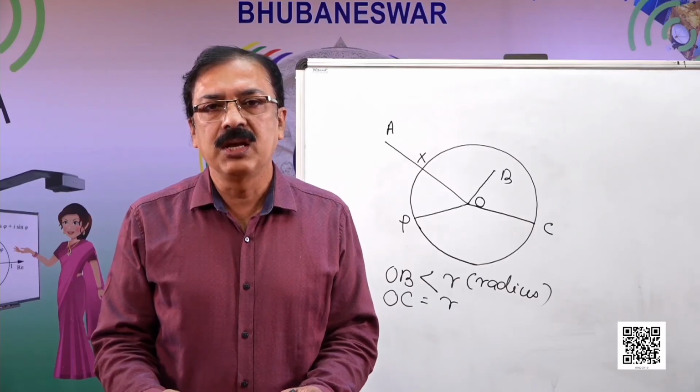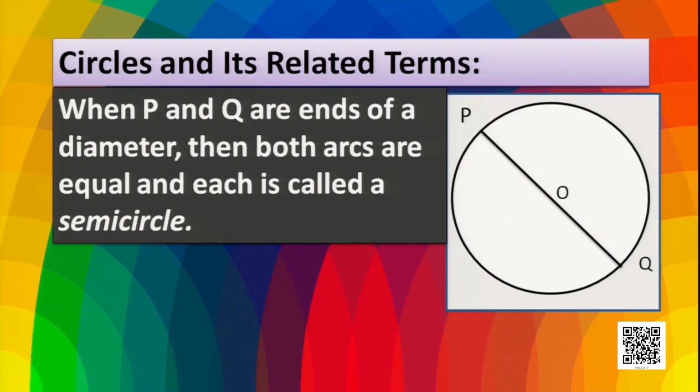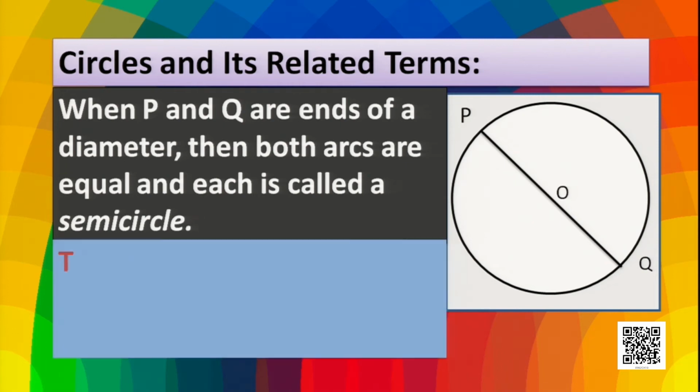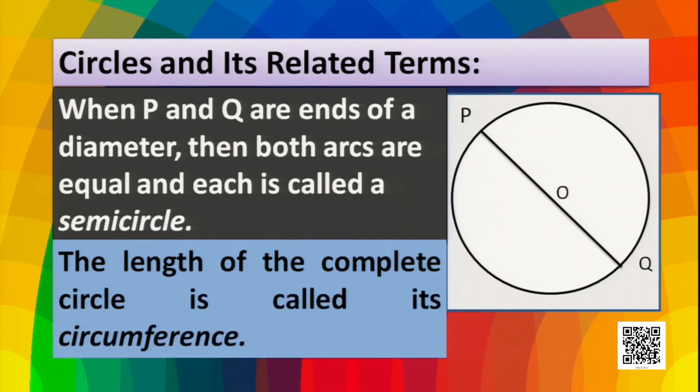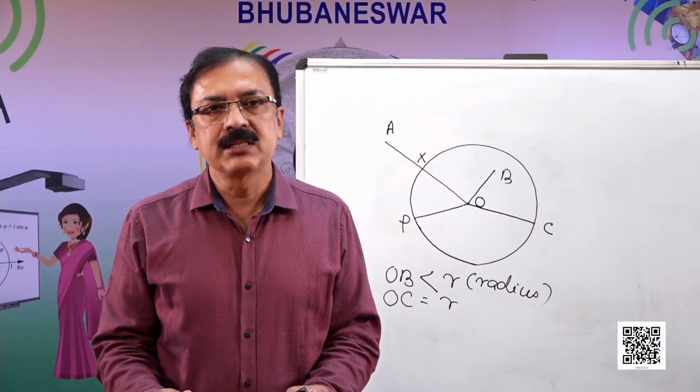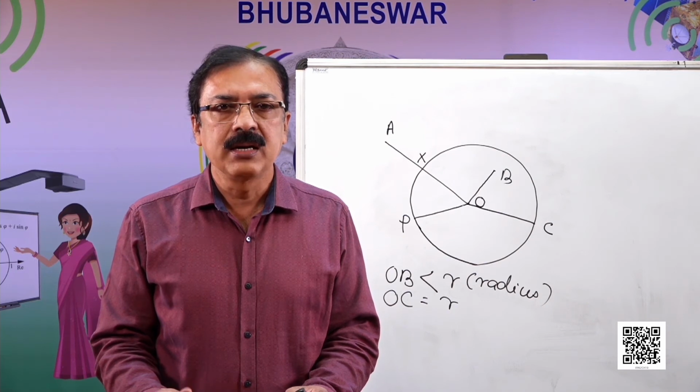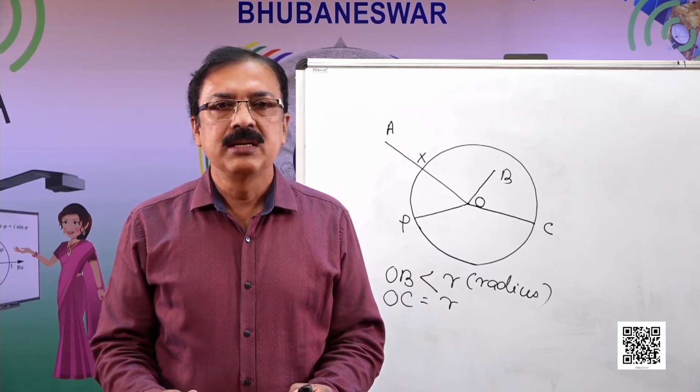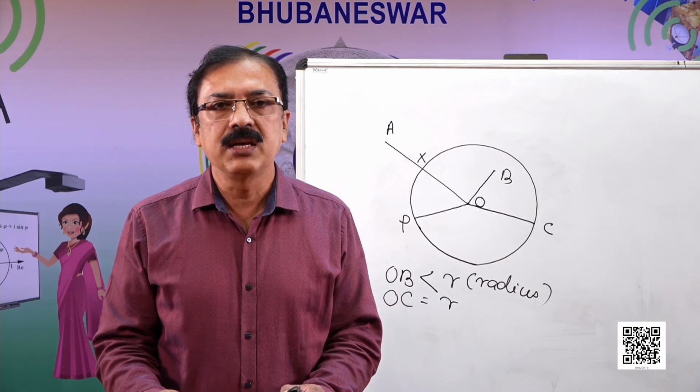So here, as you see in this picture, PQ is the diameter and on both sides of PQ we have 2 arcs of equal length. So these 2 parts are called semicircles. Now you see the length of the complete circle is called its circumference. So half of it is a semicircle, and the complete length of the circle is called the circumference of the circle.